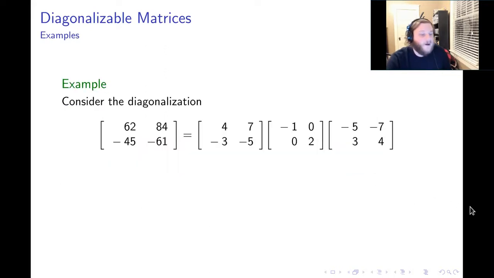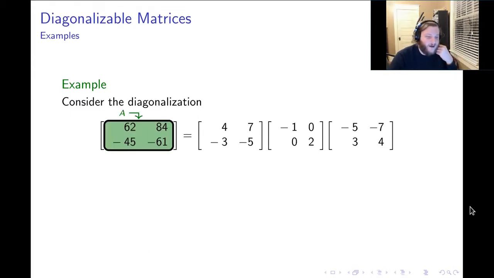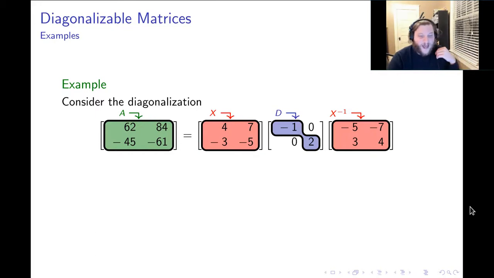Great. So let's look at an example illustrating the power of this concept. Here I have a diagonalization. I have this matrix A, which is similar to this matrix D via this matrix X. So A is X times D times X inverse, and D here is a diagonal matrix.